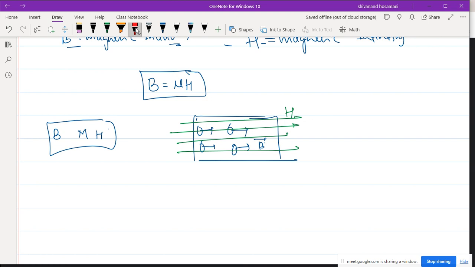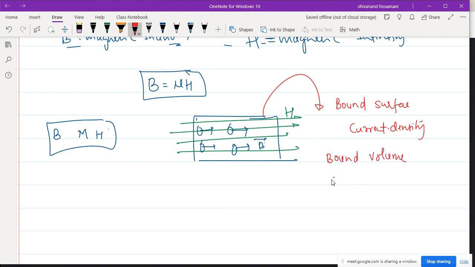Here also there are two currents that will appear: one is bound surface current density, and the other is bound volume current density.